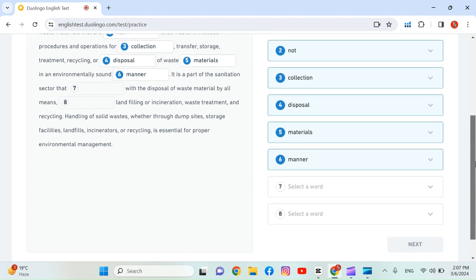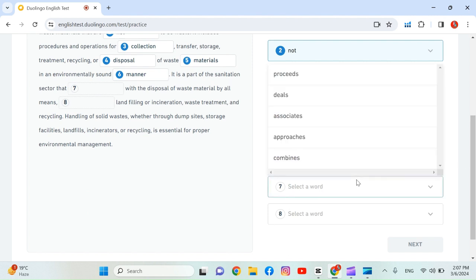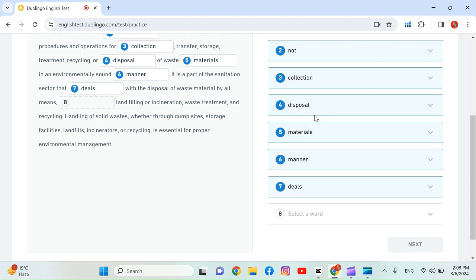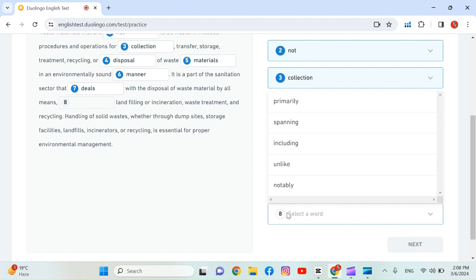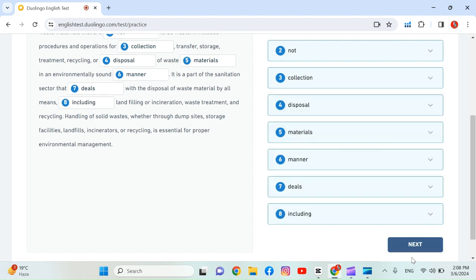It is a part of the sanitation sector that deals with the disposal of waste material, including landfilling, recycling, and waste treatment. Next, please.